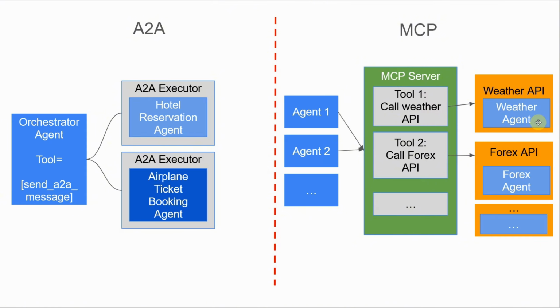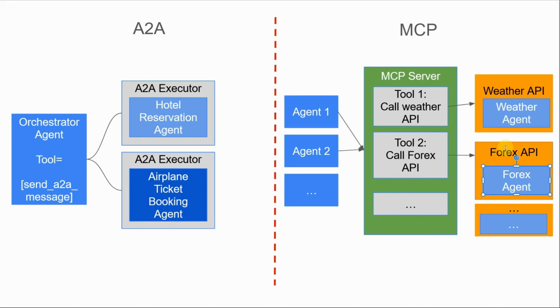For example, instead of just using some simple function to look up the weather from the database according to the geographic location, we can use an agent, which will do more complex things rather than just function calls. The same is for the Forex API. We can deploy a Forex agent behind the API.